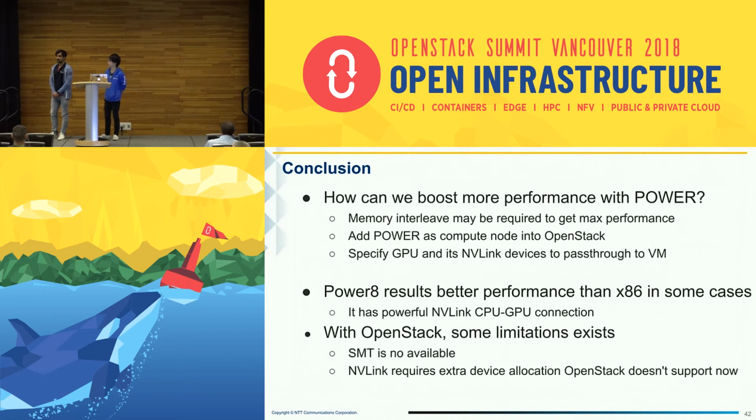Actually, we haven't tried the direct GPU connection, so maybe we should try it. Before that, we had to enable KVM and first verify whether it works or not. In our case, we just tried that, but the direct GPU connection we haven't tried yet.